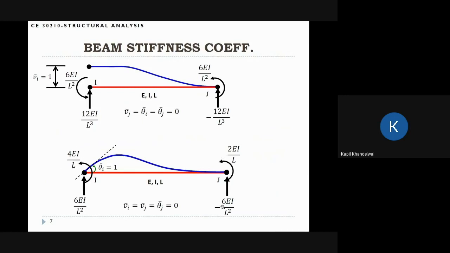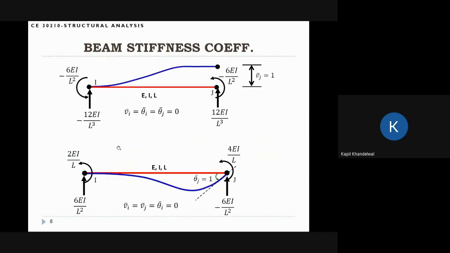So these are the 4 numbers. These constitute the second column, and these are the next 2 cases. Vj is equal to 1 and theta j is equal to 1. And these stiffness coefficients are very important. So now what we can do is take these numbers and directly use them to build the stiffness matrices of our system.